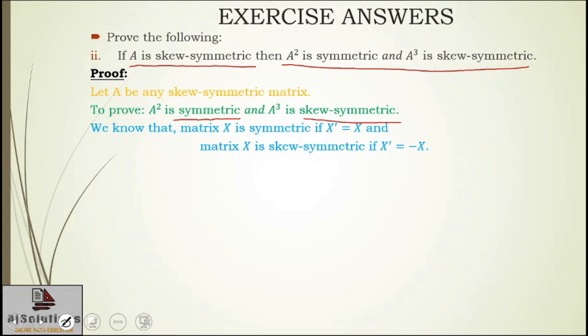And after that, step number 4 is to write what exactly to prove. So with the help of these two conditions, you are going to write what exactly to prove.